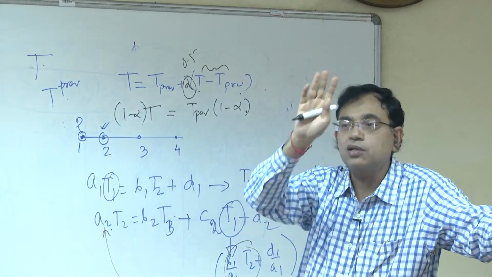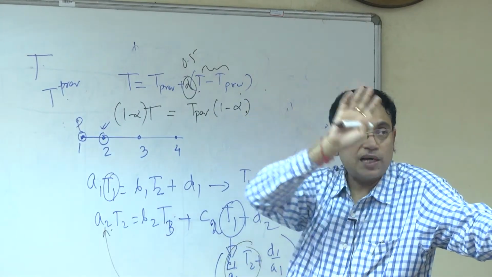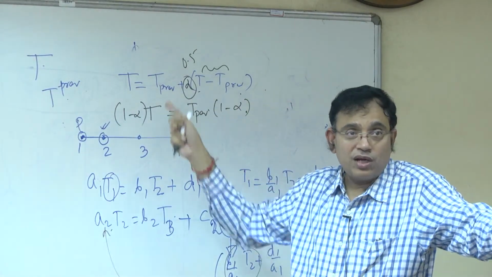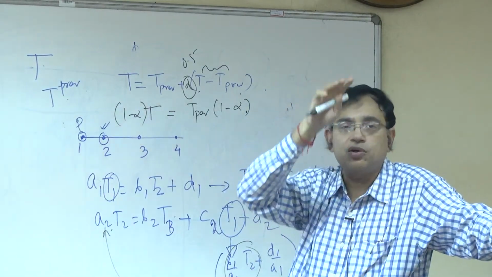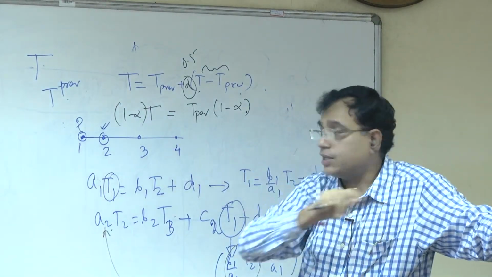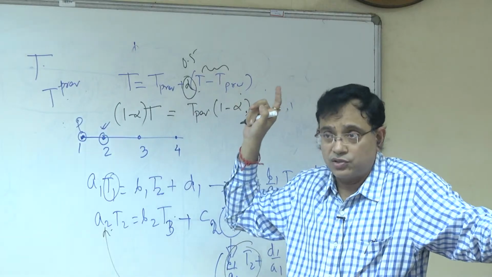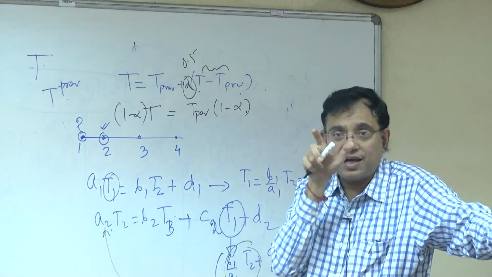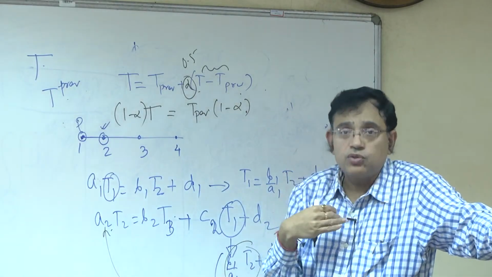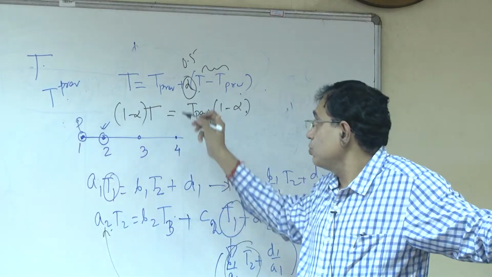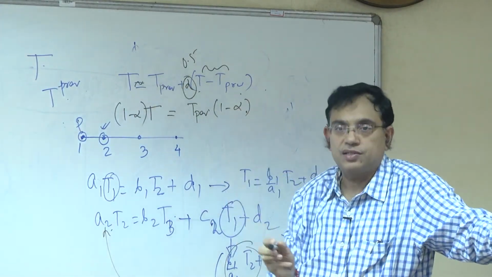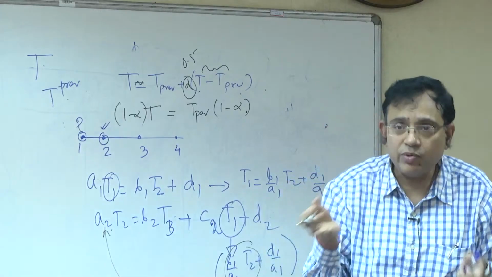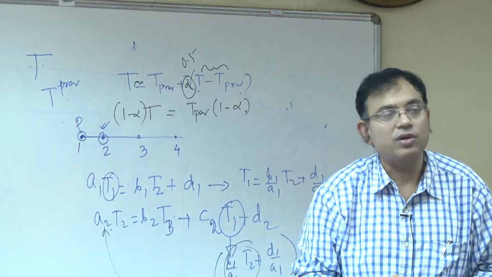You want a social media hit. So the whole idea is that you want to get a converged solution. Now whatever alpha you use does not matter so long as you converge. So this alpha is a handle which is available to you so long as you come finally to the state when t is approximately equal to t previous, and that is your convergence in an iterative method that you have to achieve.